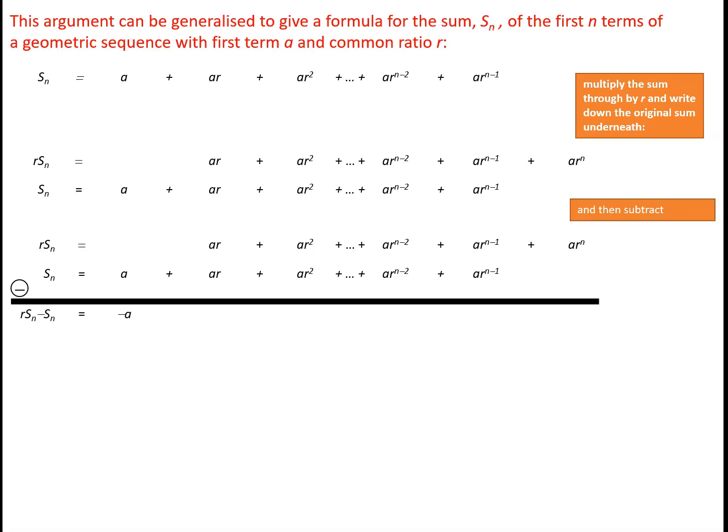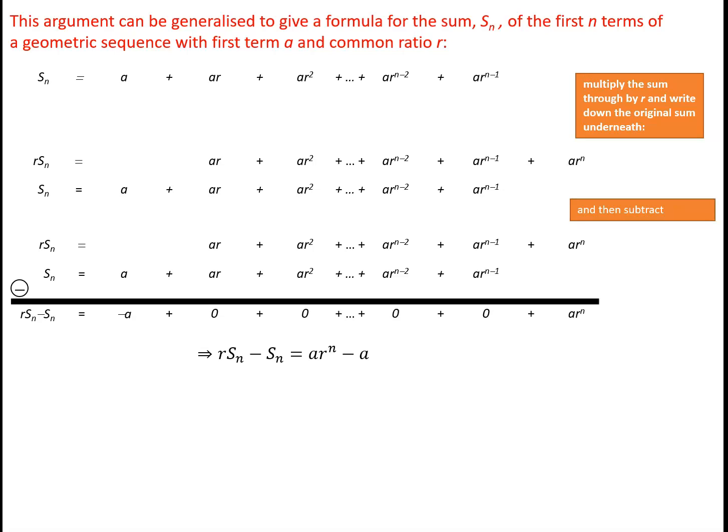From the second column we've got ar take away ar, which is 0. The third column gives me ar squared minus ar squared, and so on all the way along until we come to the final column, which gives me ar to the n take away nothing, which is just ar to the n. So we've got r times Sn take away Sn is equal to ar to the n take away a.